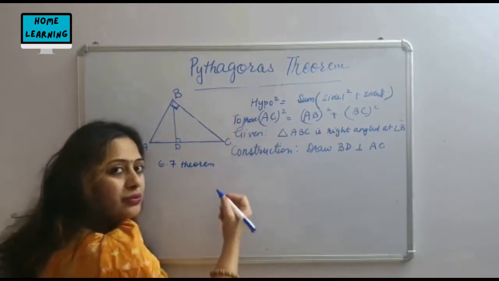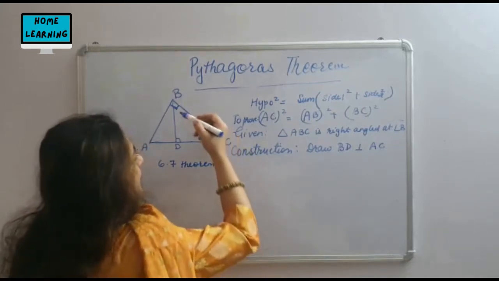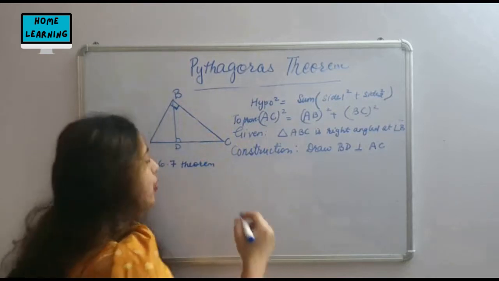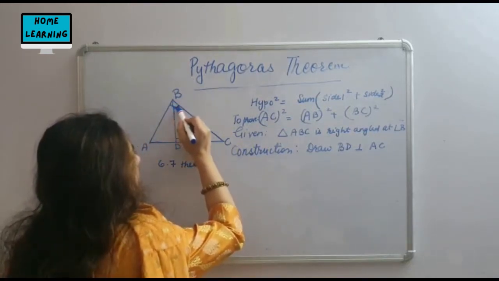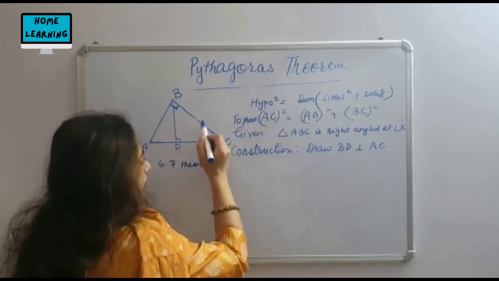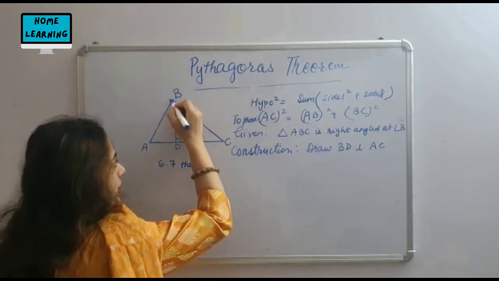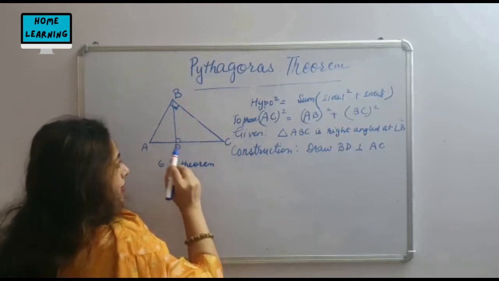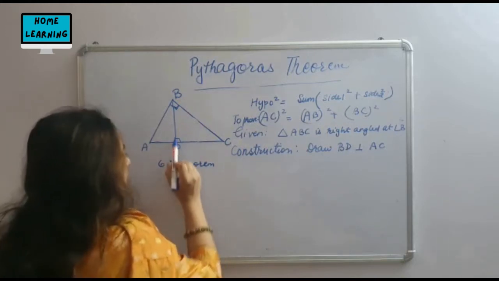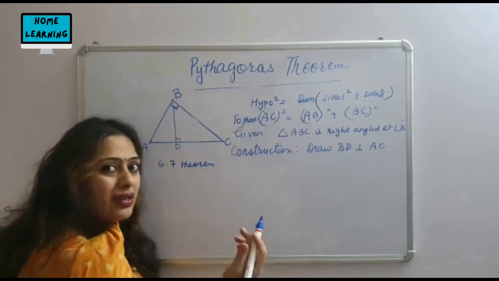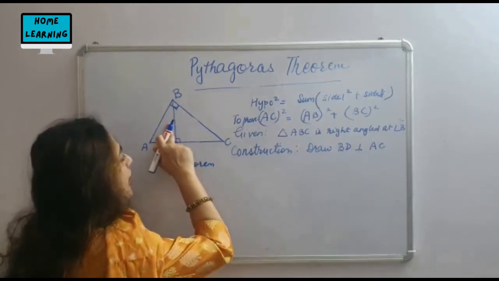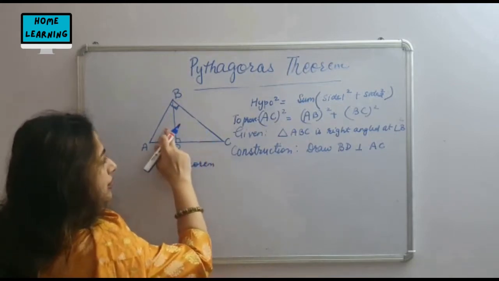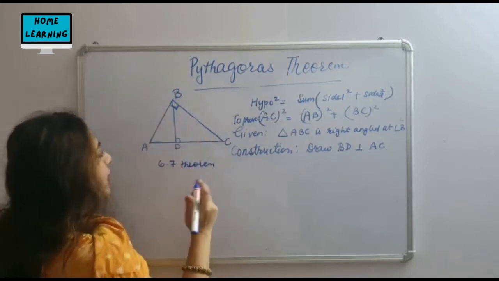What does theorem 6.7 state? It states that whenever a perpendicular is drawn from the vertex with the right angle in a right angle triangle, that is from right angle B, then this perpendicular forms similar triangles. This triangle is similar to this triangle, and both of these are also similar to the whole triangle.